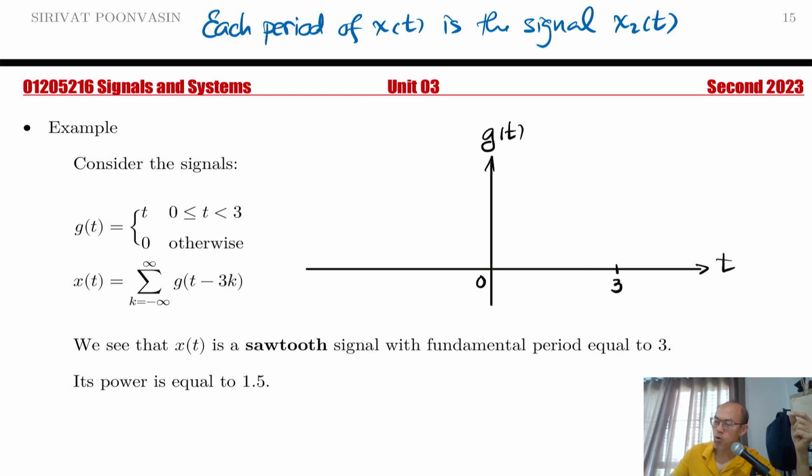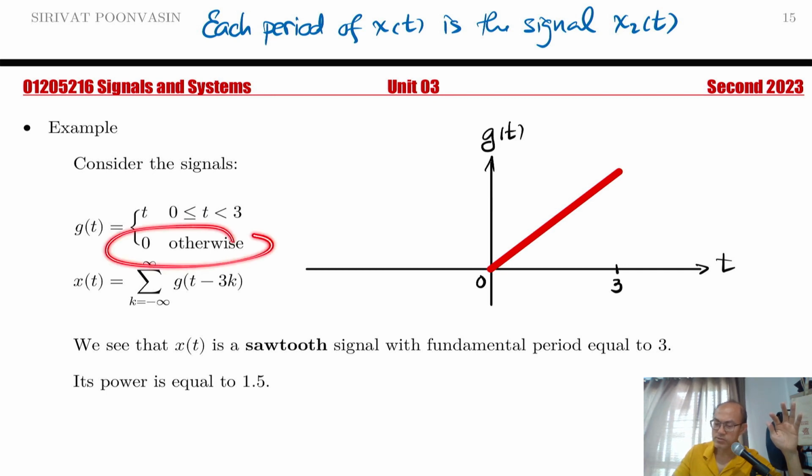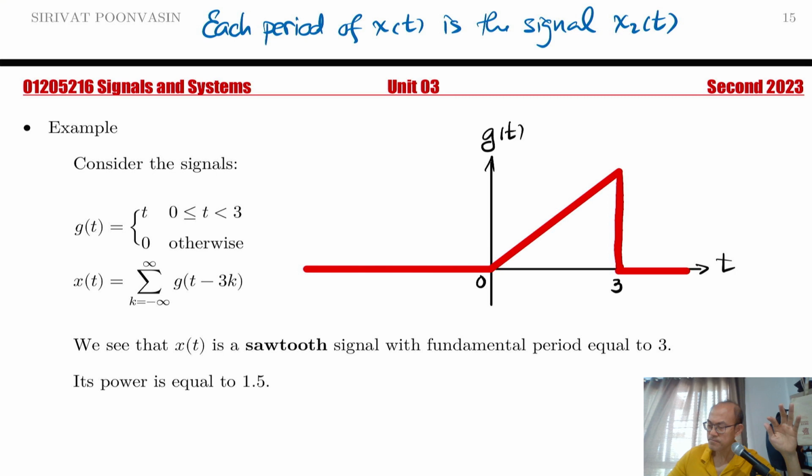So if you draw the graph of G from 0 to 3, you're going to get this. This is a straight line passing the origin with slope of 1. Now the rest is 0, right? The rest is 0 here and here. These are the rest. So this is G.